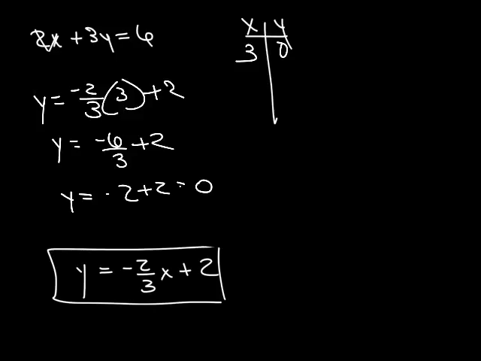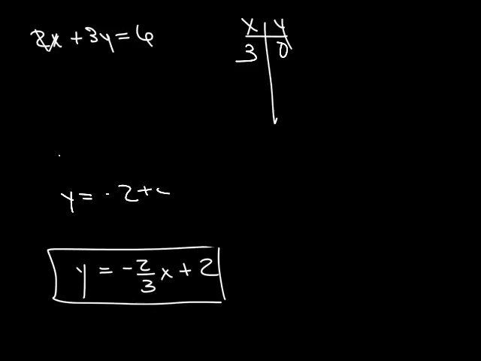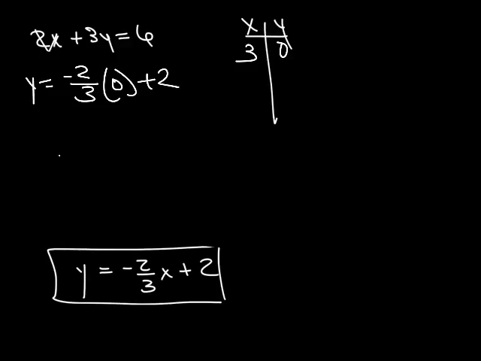So when x is 3, y is 0. Isn't that nice? No fractions to deal with. Let's find another one. Obviously I'm going to pick 0, because y equals negative 2/3 times 0 plus 2, which makes that whole term go away. So when x is 0, y is 2.